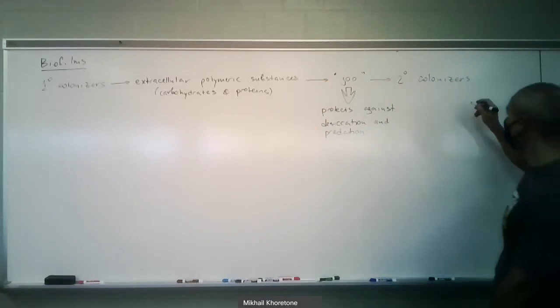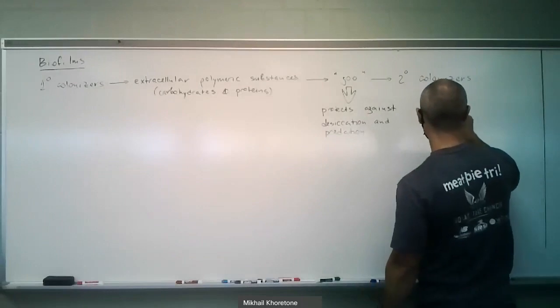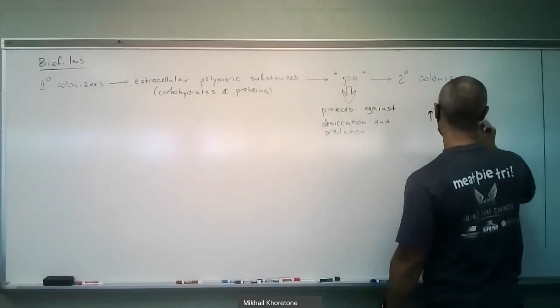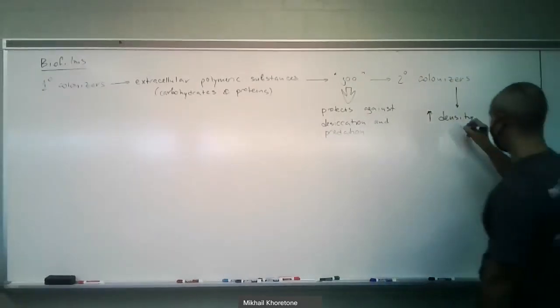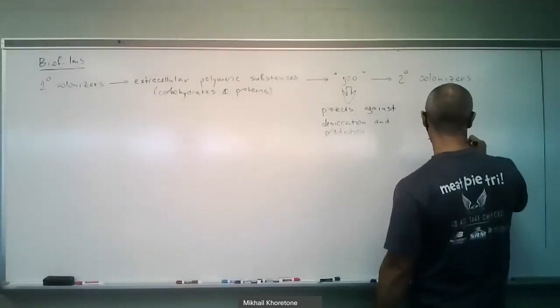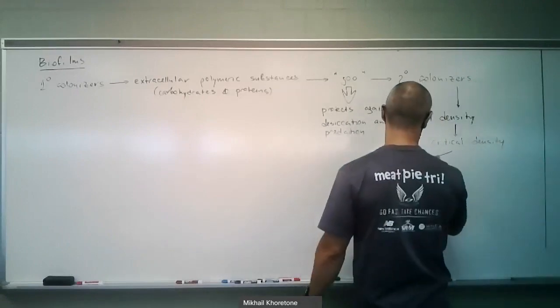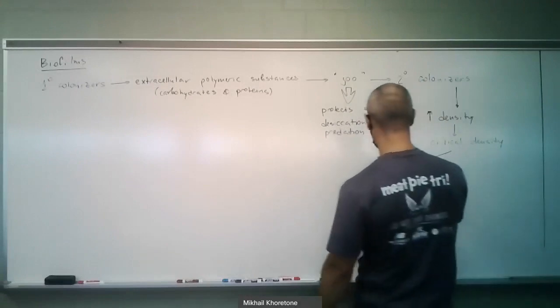Now, secondary colonizers lead to increased density, which reaches at some point what is officially called critical density, which leads to production of so-called quorum-sensing molecules.